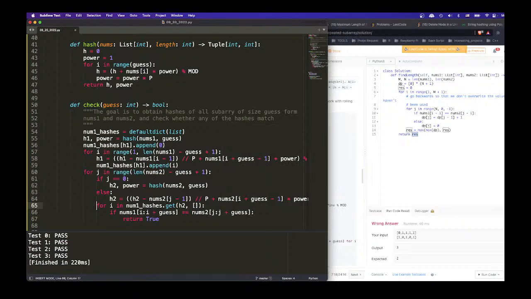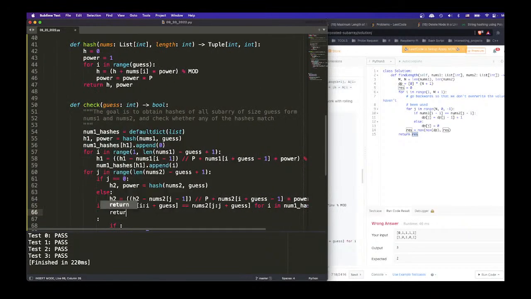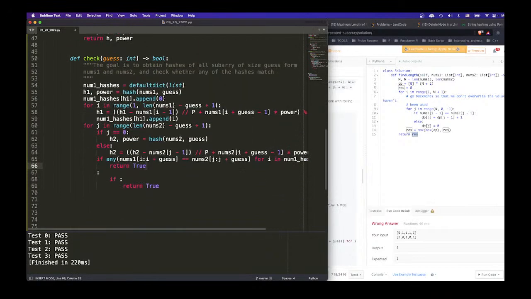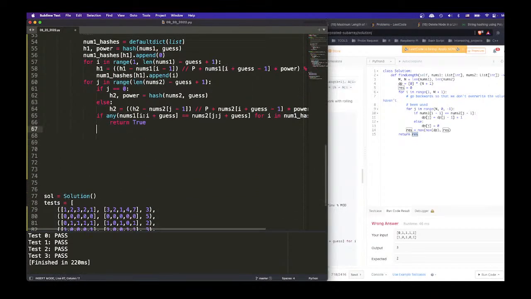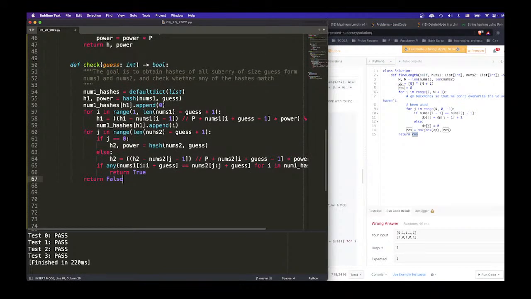So this we can say if any, and then this, right? If any, then we return true. Otherwise, we just keep going. So we go through everything, and that's gonna return false. Okay, so that's the check.